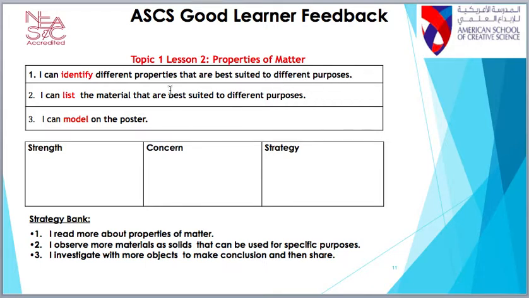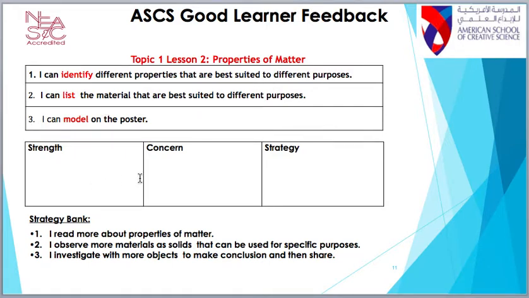Number two, I can list the materials that are best suited to different purposes. And number three is I can model on the poster. So can you model a house that will keep you and your family safe?